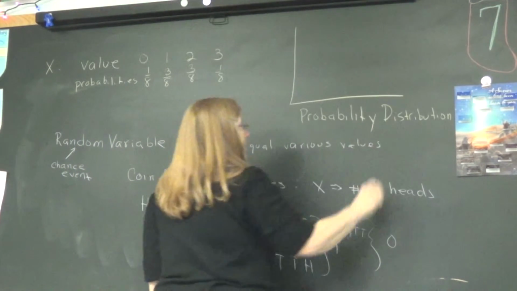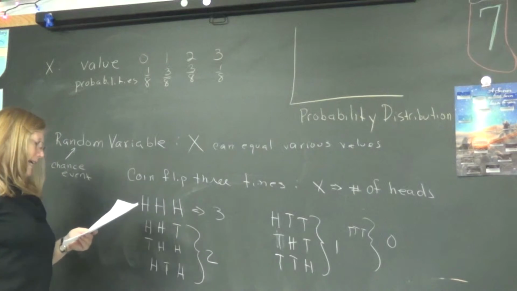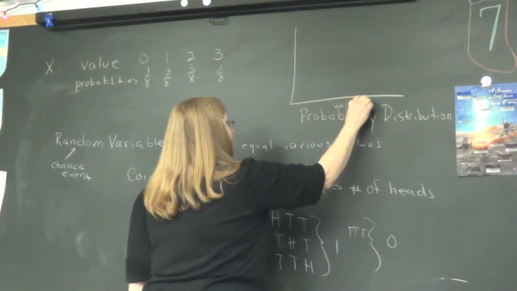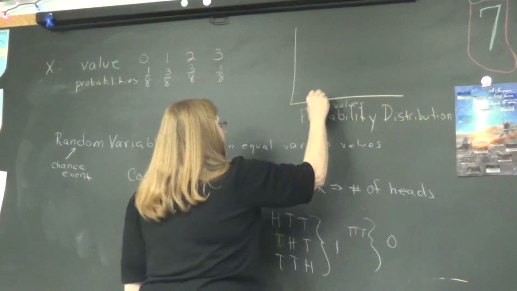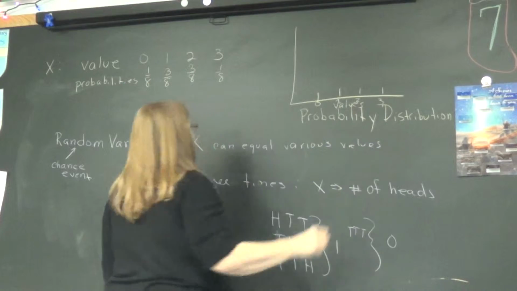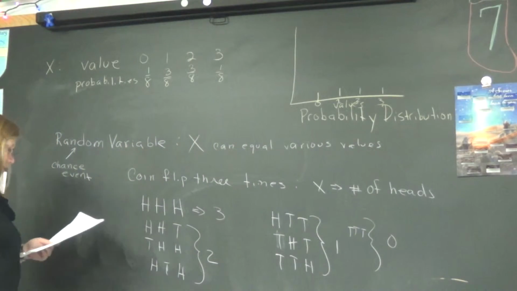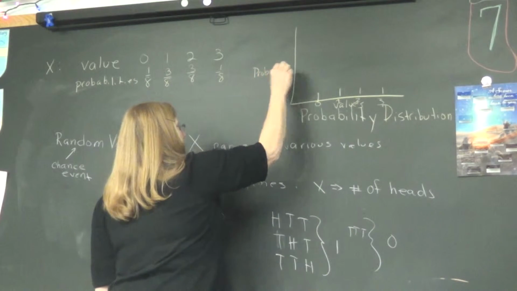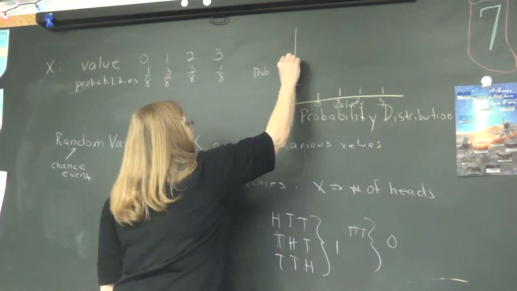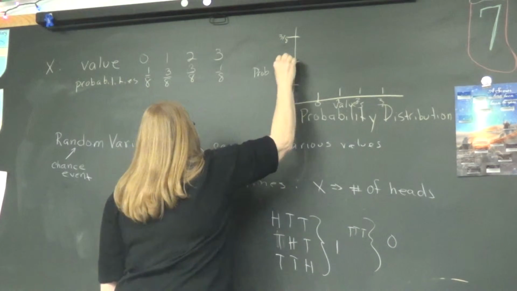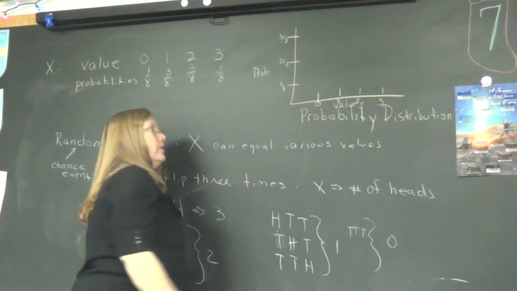All right, along the horizontal axis, we're going to have the values, I'll call them, or outcomes. That's where the 0, 1, 2, 3. And along the other side, we're going to have the probabilities. So in this case, we only have 1/8 and 3/8. There's no 2/8, but I need it on the chart.